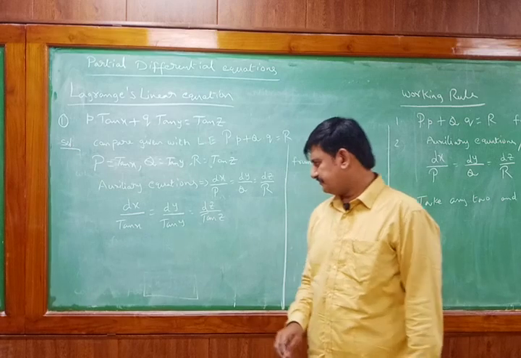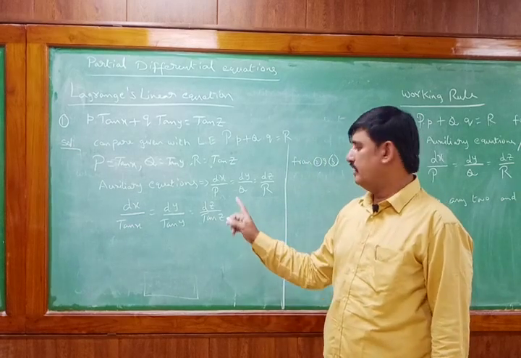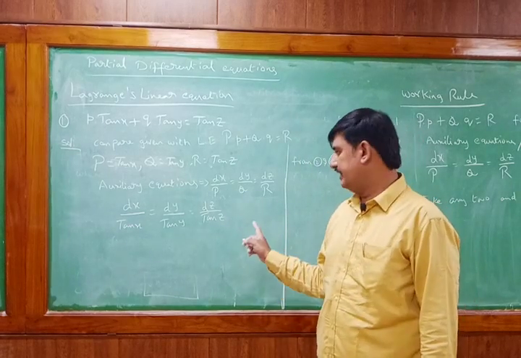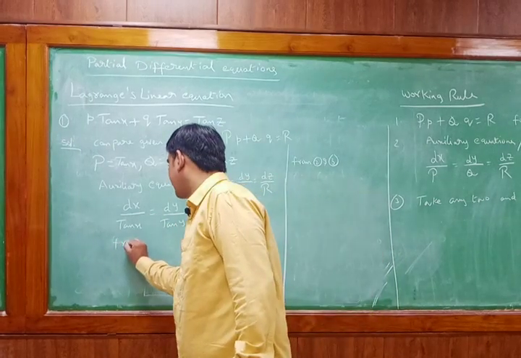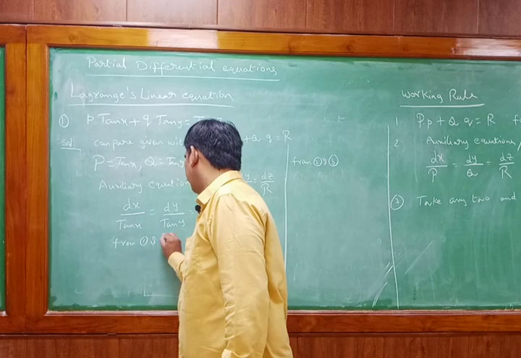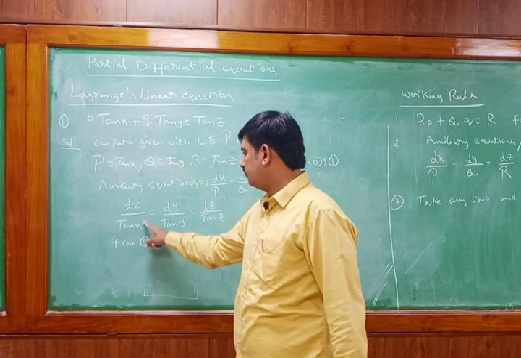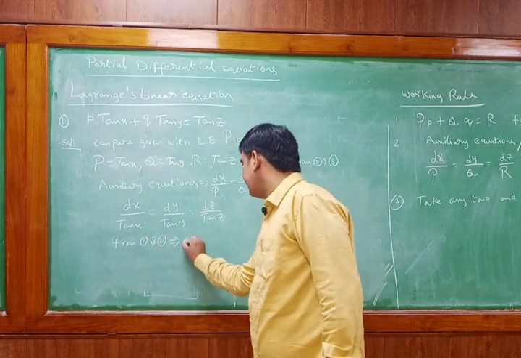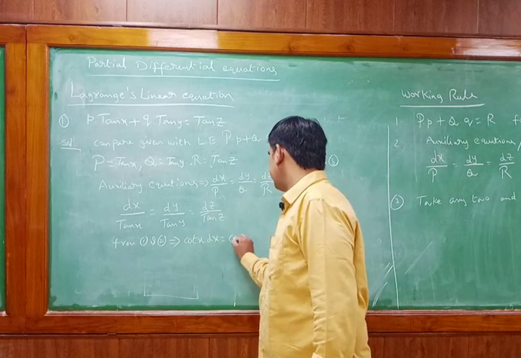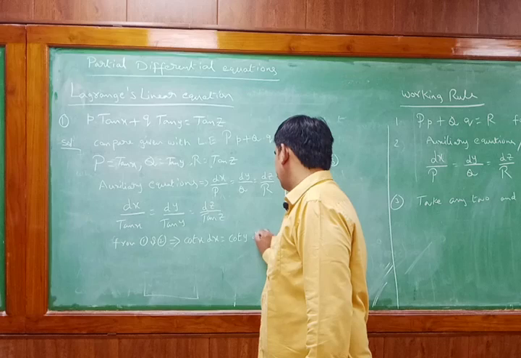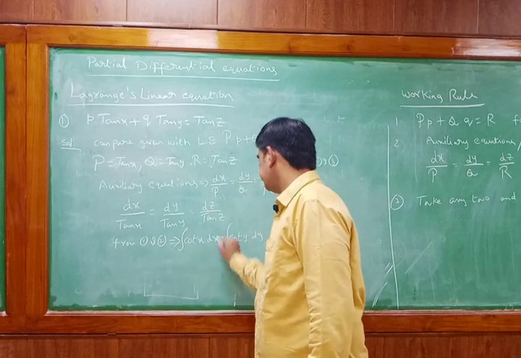To find C1 and C2, take 1 and 2 first. From 1 and 2, 1 by tan x becomes cot x into dx equal to 1 by tan y becomes cot y into dy. Then integrate.